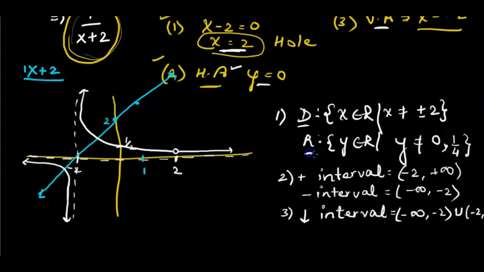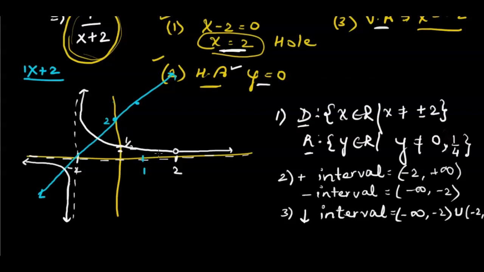Next, we have to write down the range. Range is y element of R, where y should not be equal to the horizontal asymptote, and that is the 0 value. And y should not be equal to 1 over 4. Where do we get this 1 over 4 from? It is when x is 2, what is the value of y? Because if there is a hole, that means at this hole, neither does the x coordinate exist nor the y coordinate exist.